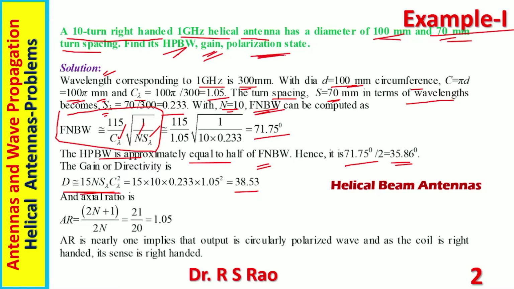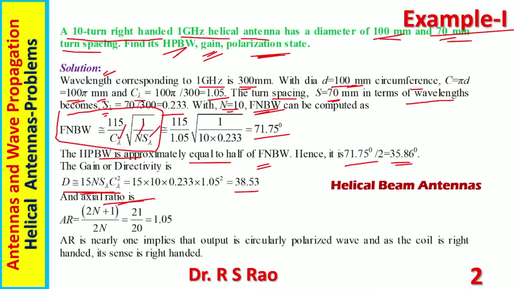Now polarization state. Axial ratio gives information regarding the polarization. The polarization of the antenna may be linear or it may be non-linear. If it is linear, it may be horizontal, vertical, or the electric vector may be at some slanting angle with the horizontal. If the polarization is non-linear, it may be circular or elliptical.